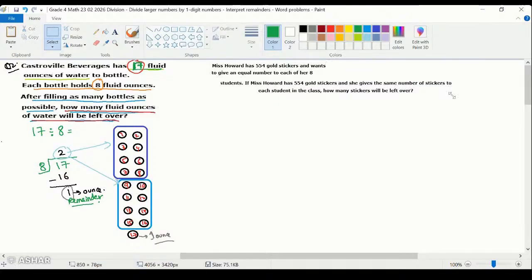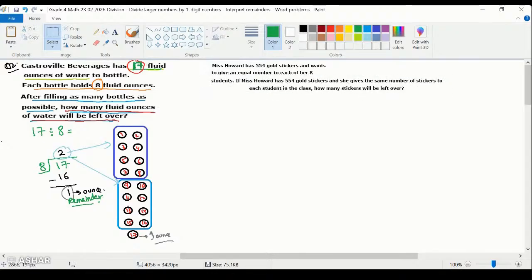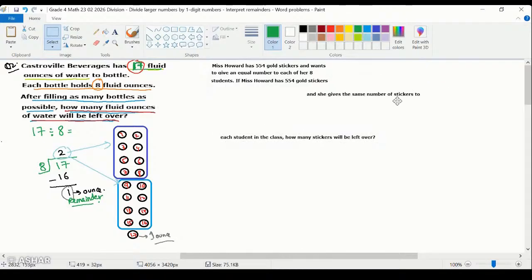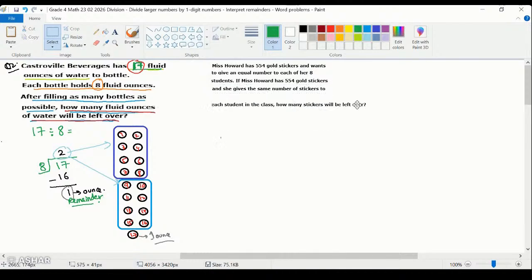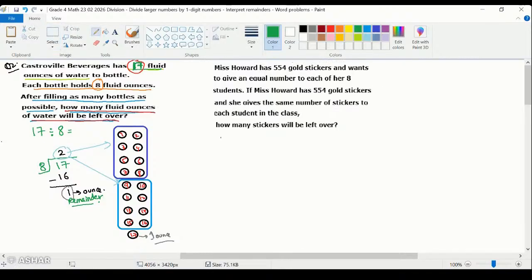She is planning to give 8 gold stickers to each student in her class. And she gives the same number of stickers to each student. How many stickers will be left over? Okay, let's highlight this. This is question number 3.